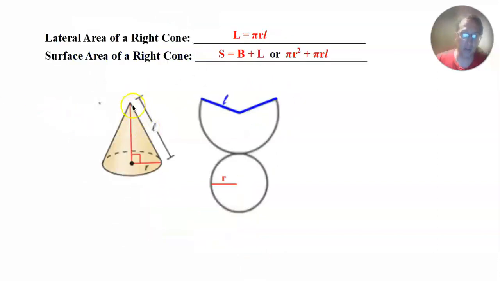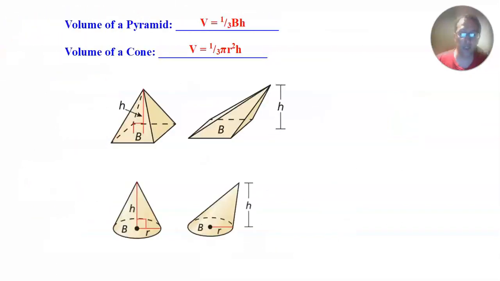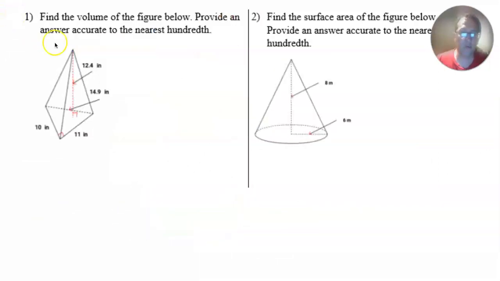Whereas slant height, you notice, is going along the surface of the cone. It's going along the surface of the pyramid. And so this is what we're going to use for surface area, the slant height that's on the surface. Okay, so those are our formulas. Here we go. Let's do a couple of examples with this. So example 1.